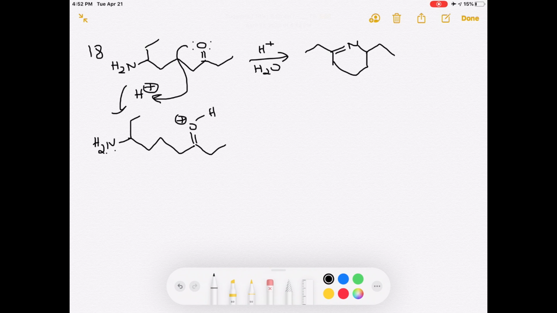So the lone pair on the nitrogen, or the amine, will attack the carbon attached to that oxygen, and it will allow the pi electrons to go up to the oxygen. So now we just have a hydroxyl group. And actually this causes the formation of a ring.